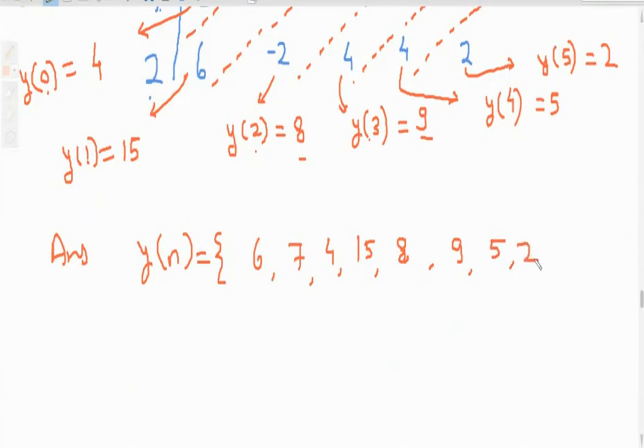So this is how we got the result. We got the output. Now the arrow: y of 0 equal to 4, so the arrow is at 4. We have calculated the number of samples in y of n, that comes out as 8. So you can see here 1, 2, 3, 4, 5, 6, 7, 8. So this is how we have calculated convolution.